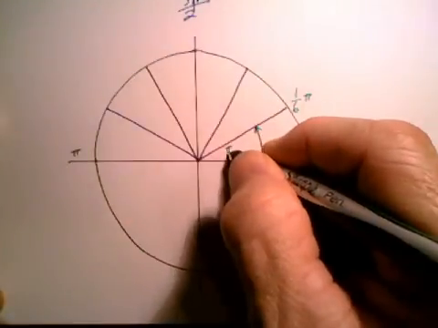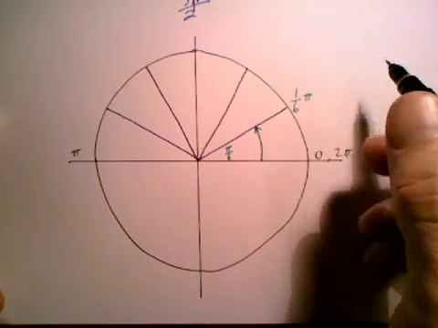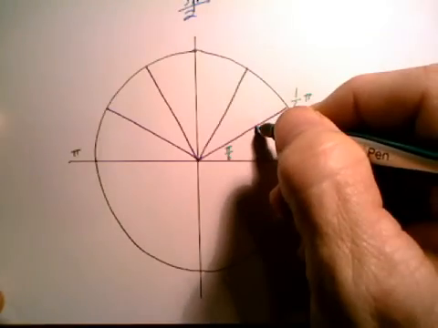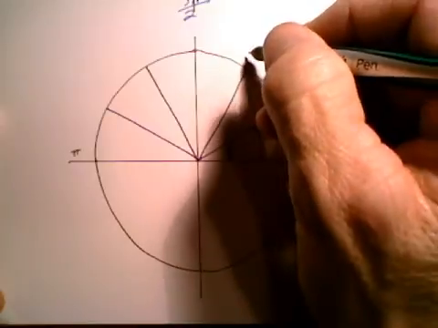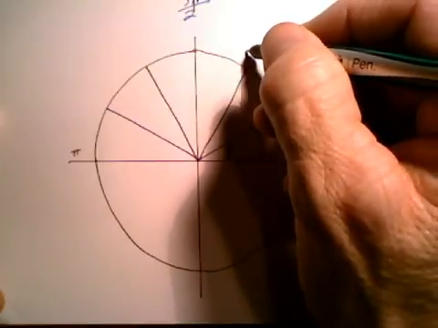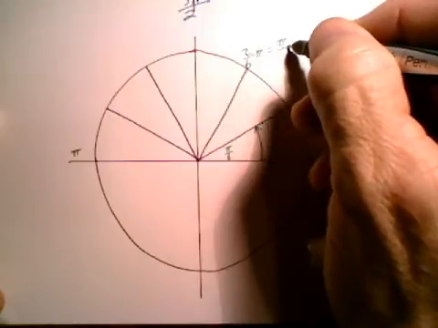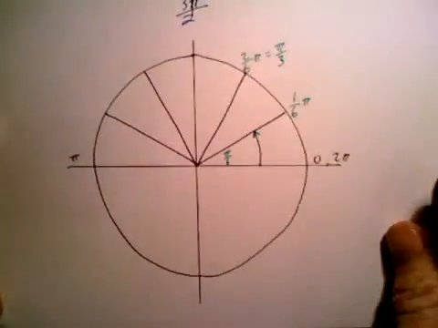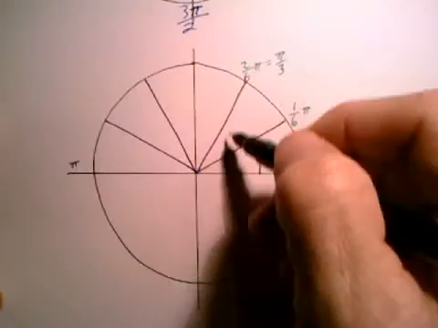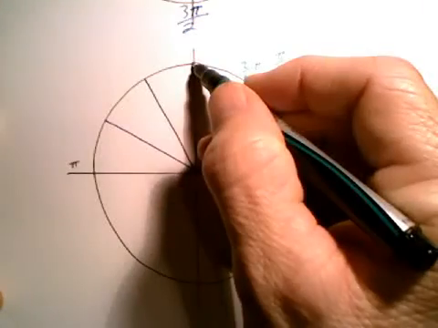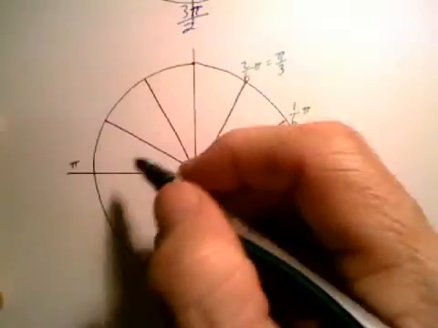So there's our pi over 6 angle right there. Okay, and then we go 2/6 of the way to pi. Well, that's 2/6 of pi. Well, that's pi over 3. Okay, so there's our angle pi over 3. And then we already know about the pi over 2 because that's 1/2 of the way to pi.